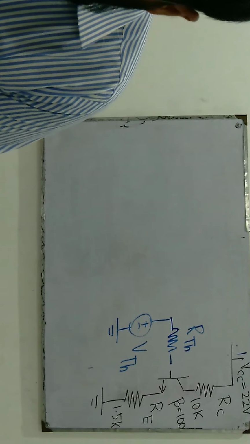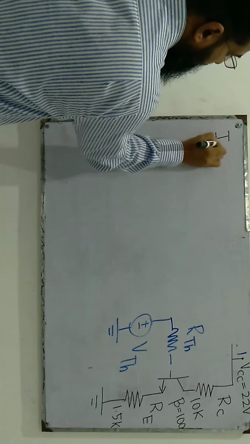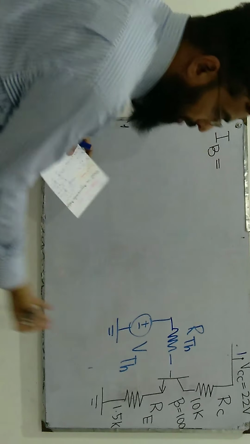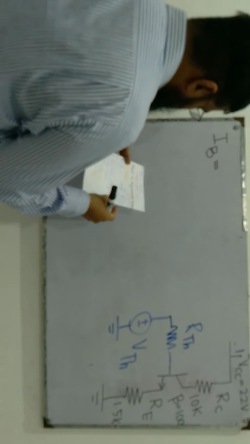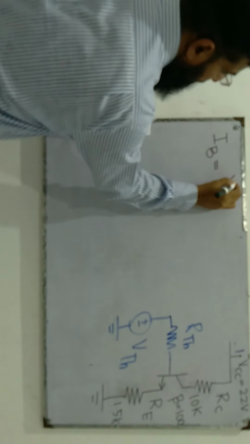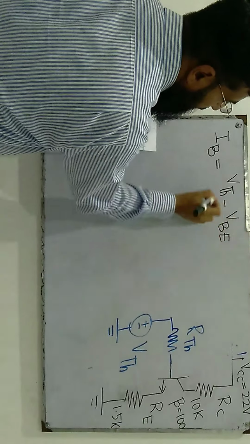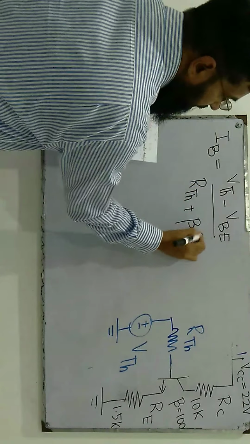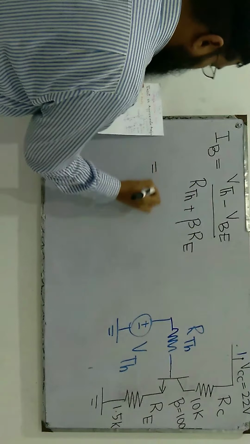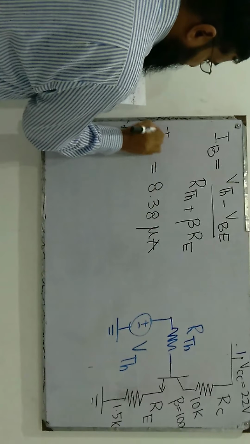The values of IB and IC we have already solved in an earlier lecture. The input loop equation yields IB as V Thevenin minus VBE over R Thevenin plus beta times RE. You can consult your old notes. It gives a value of 8.38 microamperes.